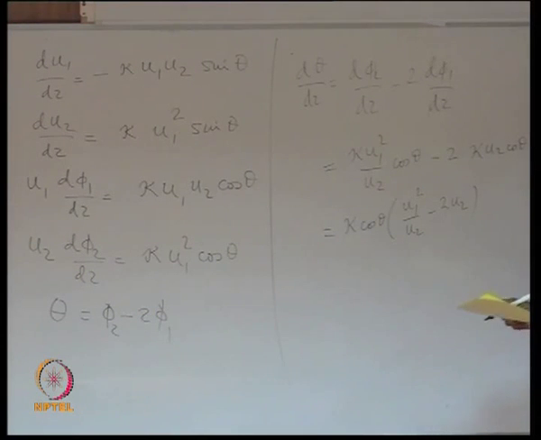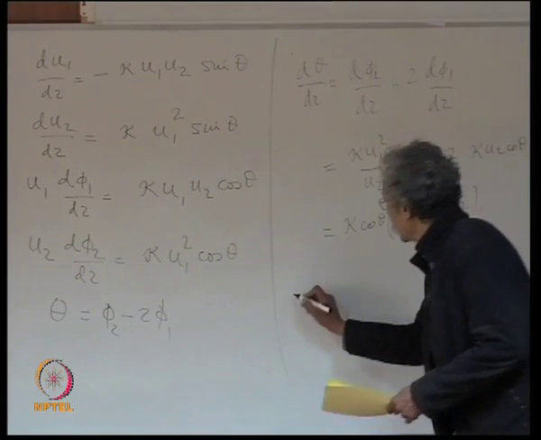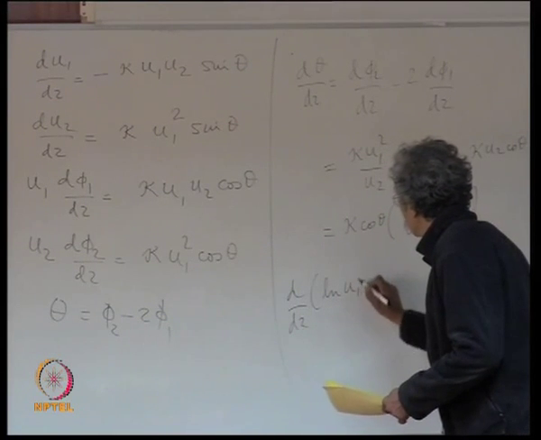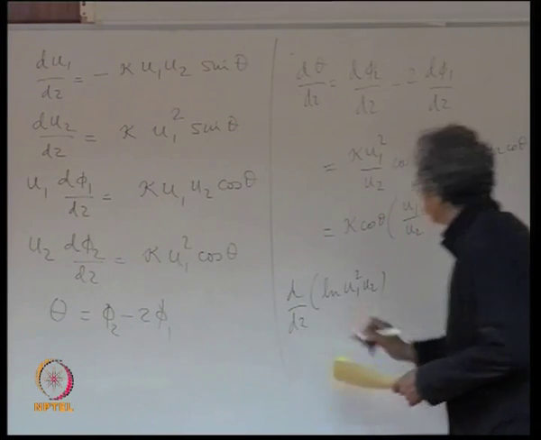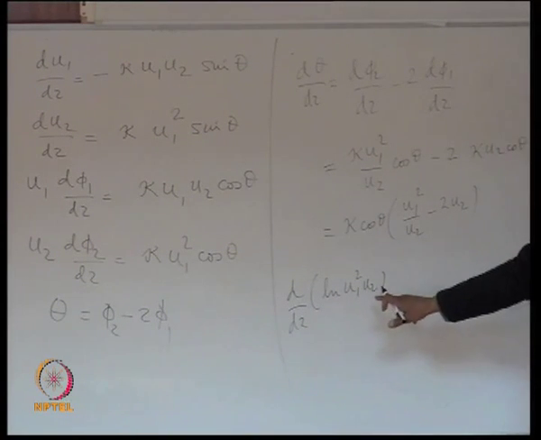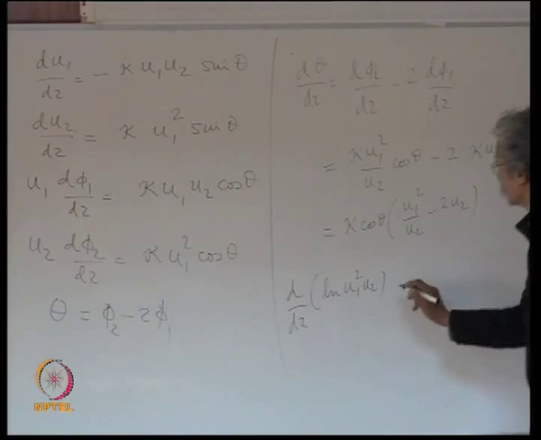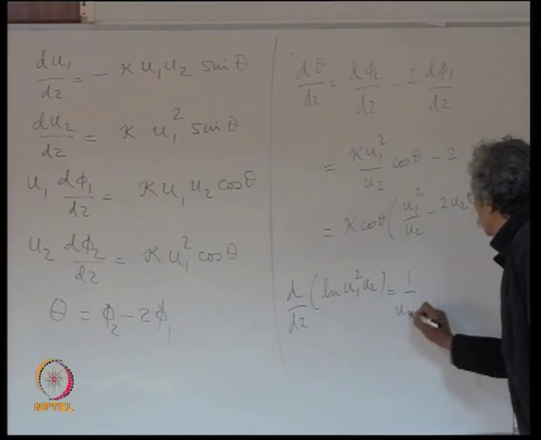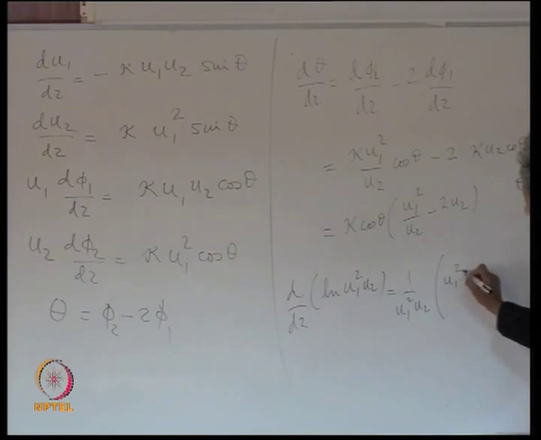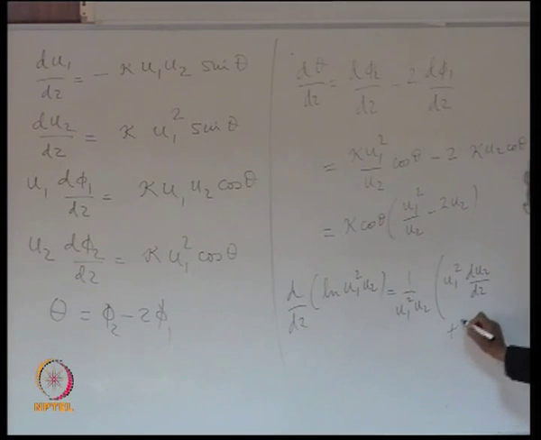Now, you can also calculate d by dz of log u1 square u2. This is actually 1 by u1 square u2 into u1 square du2 by dz plus 2u1 u2 du1 by dz.